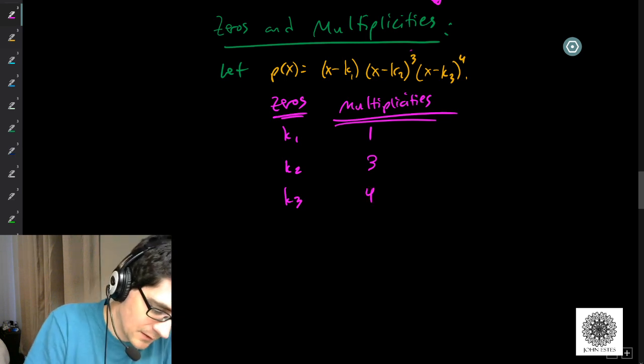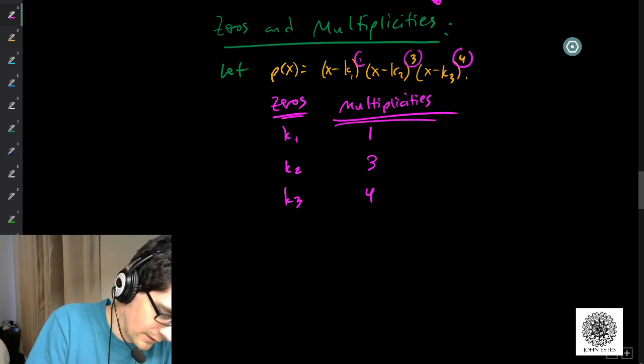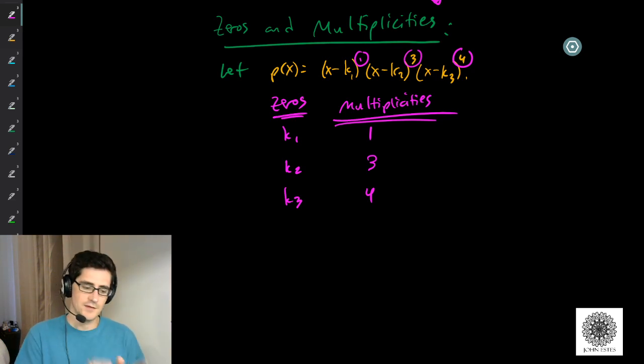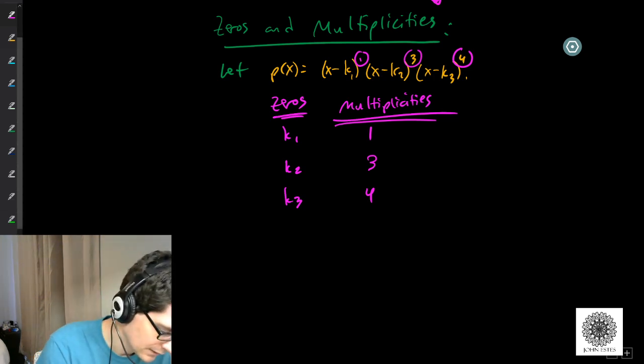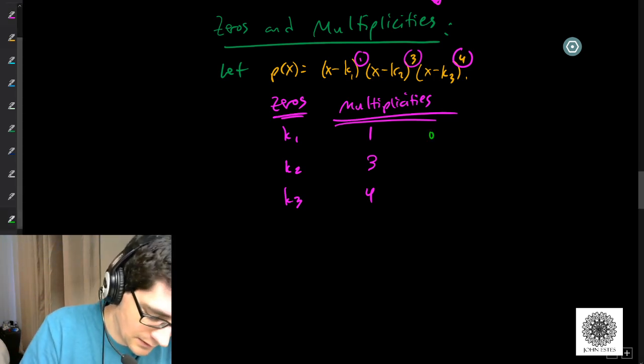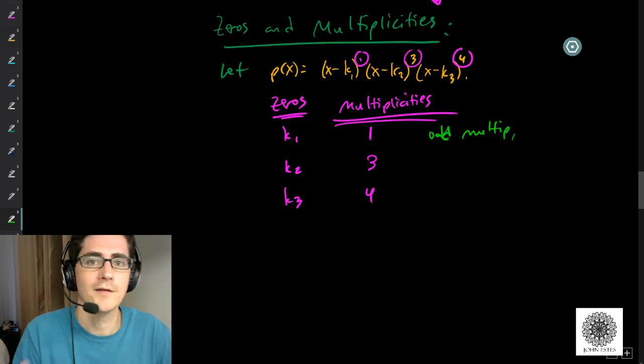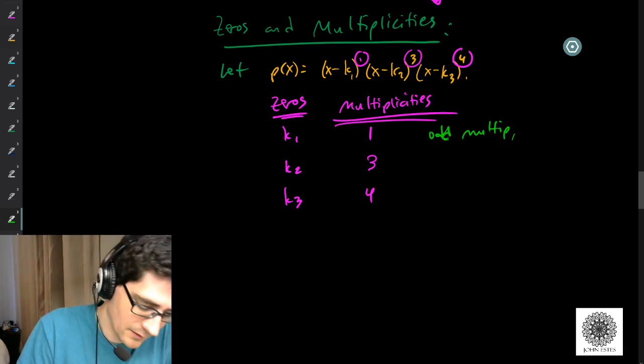You can see that from these exponents. Those are your multiplicities. The zeros tell us that the graph is going to hit the x-axis at those points. What does the multiplicity tell you? They tell you something too. For odd multiplicities, the graph will pass through the axis at that point.